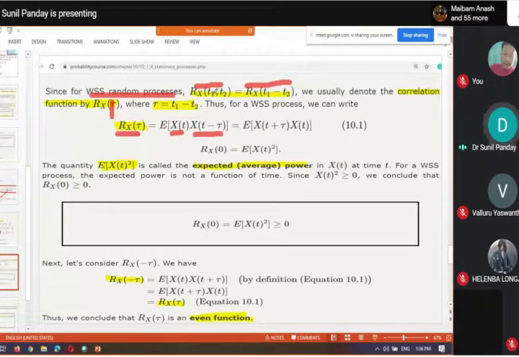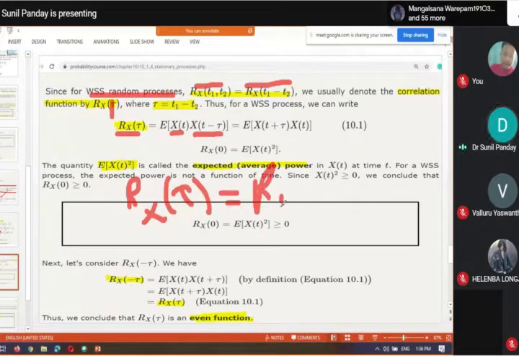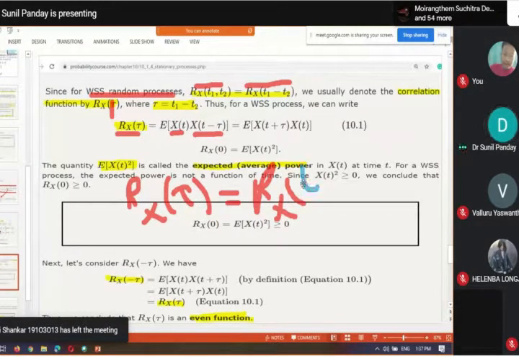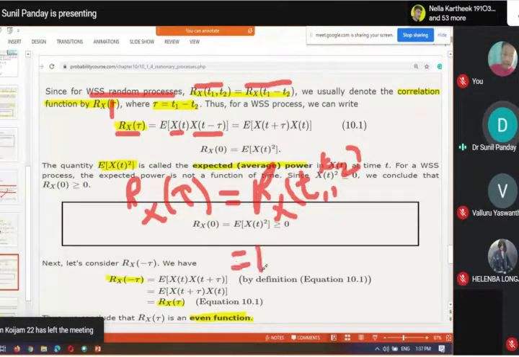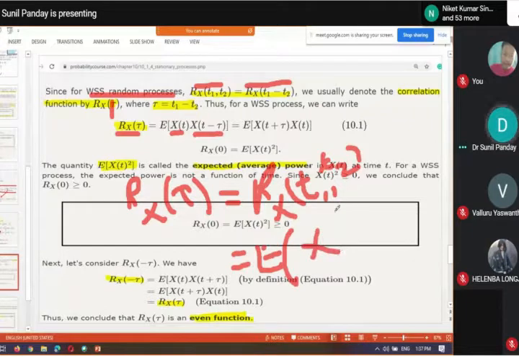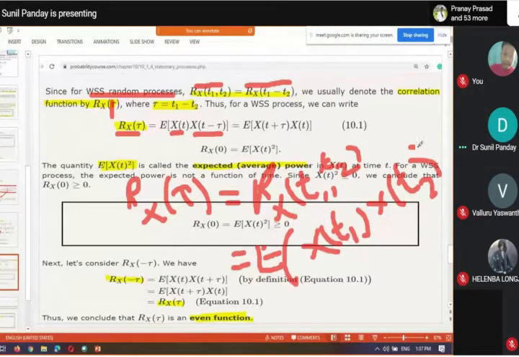You can easily write this now. You know that Rx(t1, t2) is defined as the expectation of x(t1) x(t2).